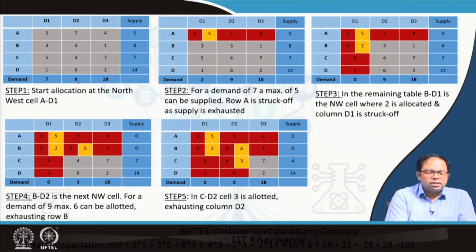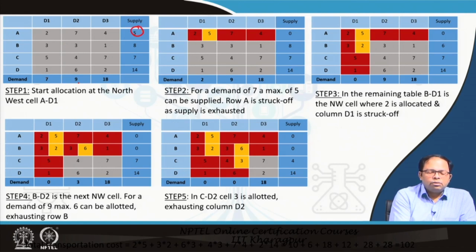As you can see, these values like 2 and 7 are the impedances, or the costs, for supplying from A to D1 or from A to D2. These are the total costs that are there. Now, this is the northwest corner, the first cell, and the maximum I can supply over here is the least value out of 5 and 7.